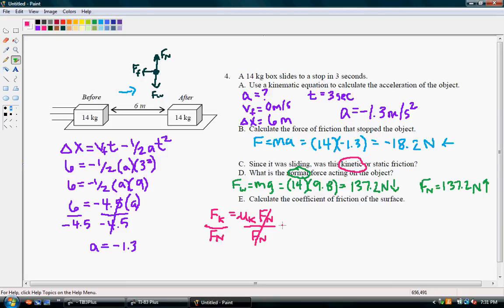Fn over Fn cancels out, and so we have our kinetic friction coefficient that equals our kinetic friction over our normal force. Our kinetic friction is 18.2, but we're actually going to use the magnitude of our kinetic friction, which is 18.2 newtons to the left. So we're going to write 18.2, and that's over our normal force, 137.2.